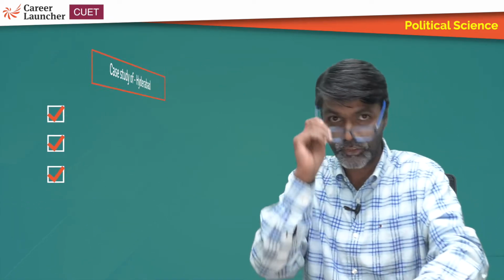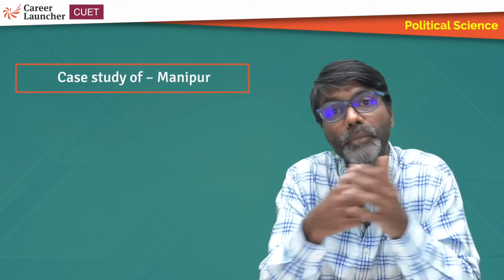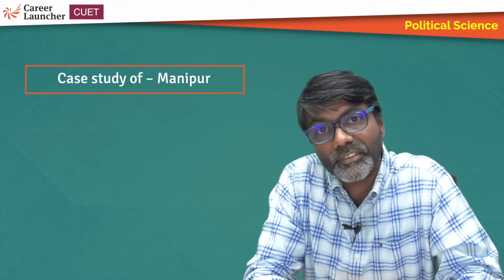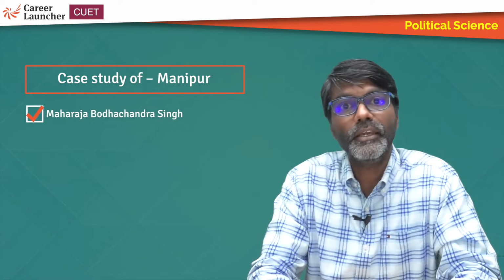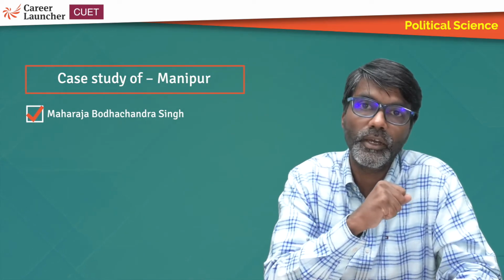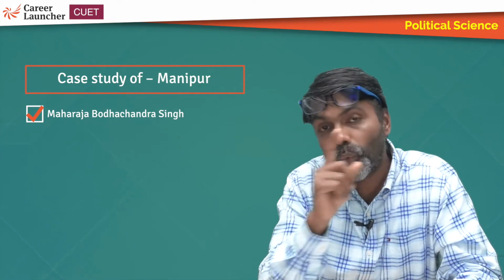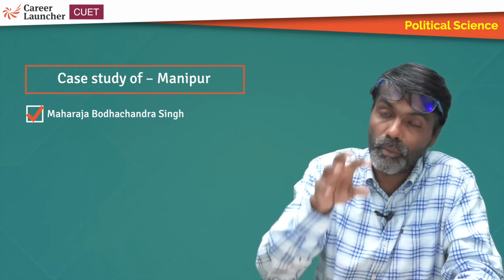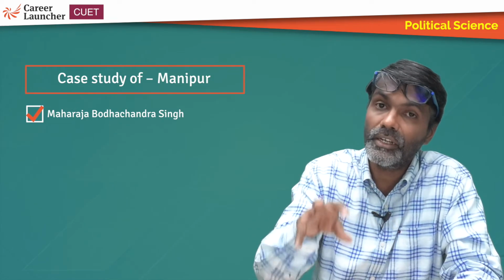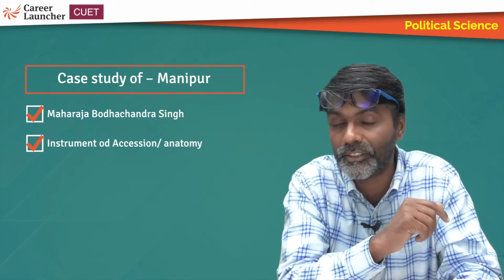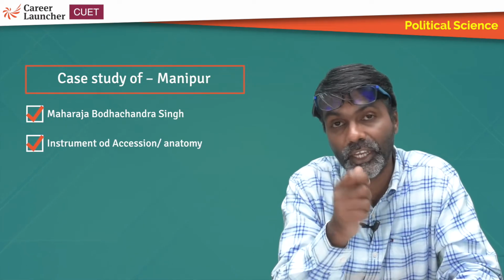If that was the case of Hyderabad, another case that is mentioned in your book is that of Manipur. The king of Manipur, Bodhachandra Singh, resisted, but after a little bit of negotiation, he relented with one guarantee, that Manipur will be given autonomy. And Manipur, incidentally, was the first state that went into elections in 1948.